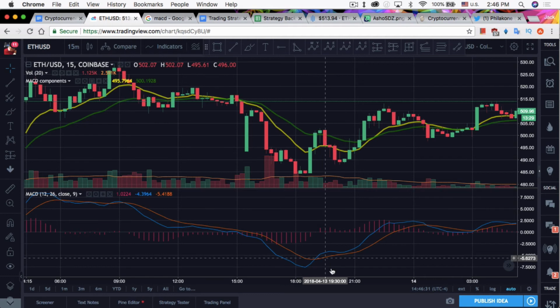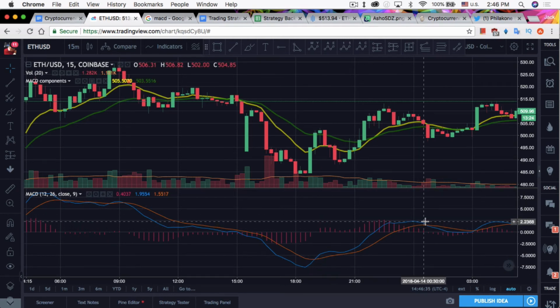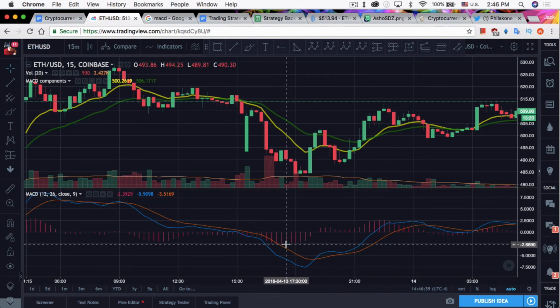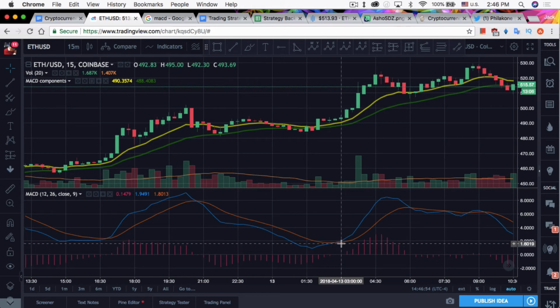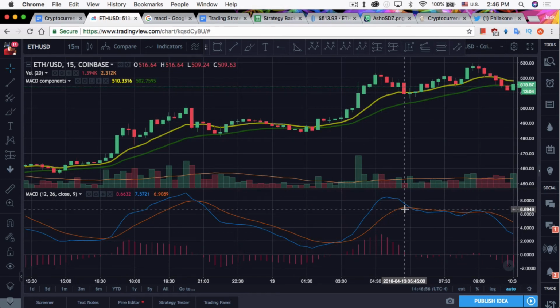Again, here you bought over here, and then you can sell over here, you would make a profit. It might not be very much because it didn't go very high, but you are making a profit. And inversely, if you bought it over here and sold it over here, you would make money. So it's not always the case that you have to wait until the MACD is in negative territory before you buy into it.